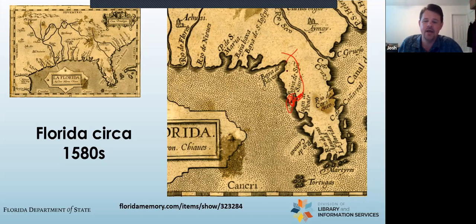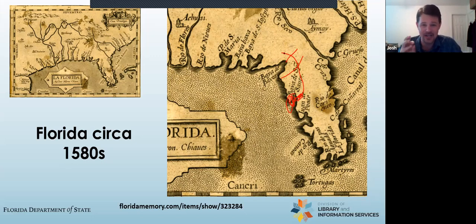At some point, we do know that he crosses the Suwannee River, that he crosses the Wacissa River. Where exactly he crosses is a little bit difficult to determine. There are all kinds of archaeological and historical theories about how exactly that took place. But we do know that de Soto spent the winter of 1539 in the Tallahassee area.